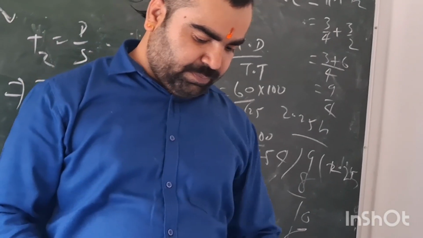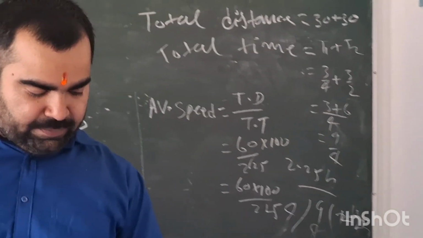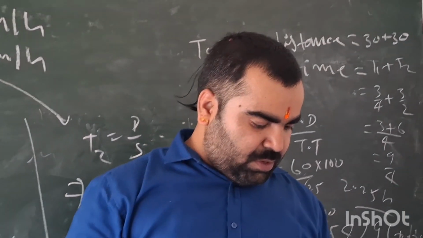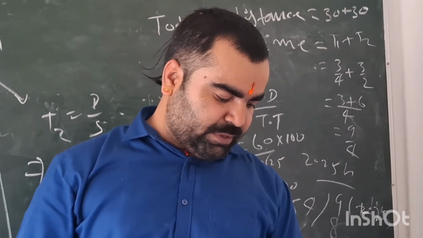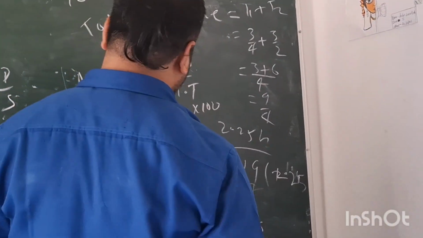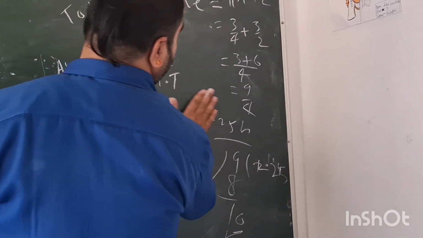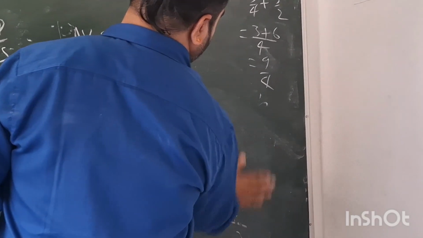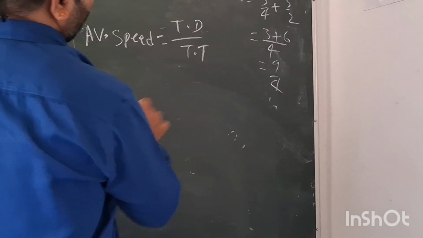Obviously the time is 9 by 4. If you don't have to convert it into decimal, just let it be 9 by 4.